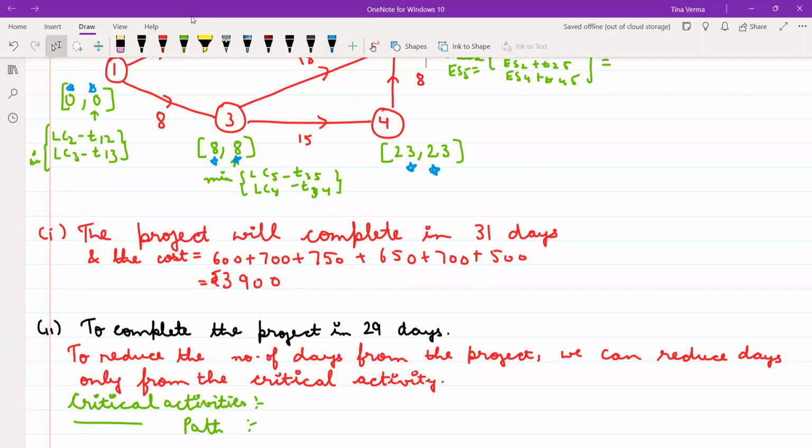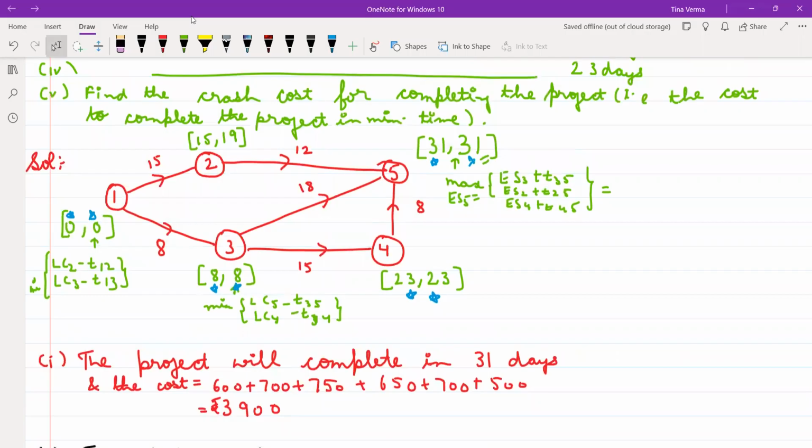And this is same. So if you take the difference 8 minus 0, which is coming out to be 8, that means this is my critical activity. 3 to 5, 4. If you take the difference, this is coming out to be 15. If you take the difference, this is coming out to be 8.